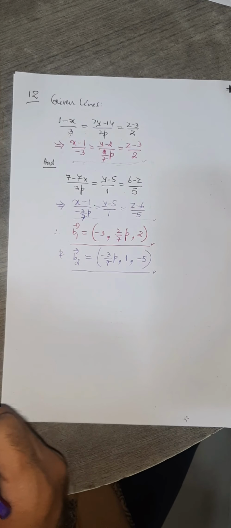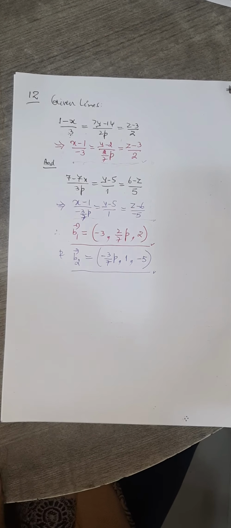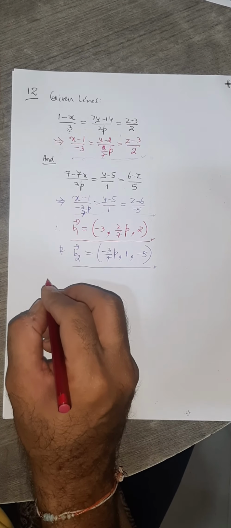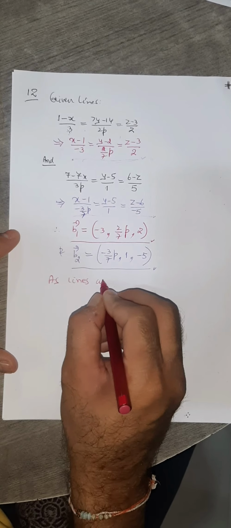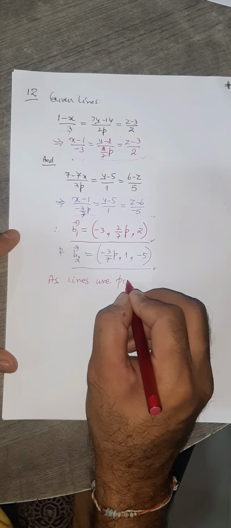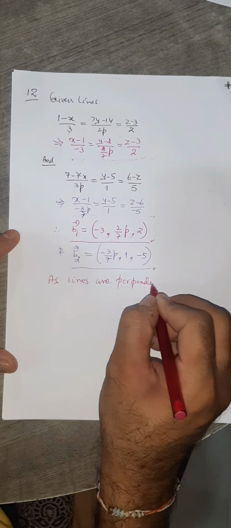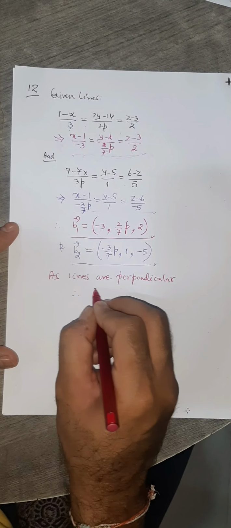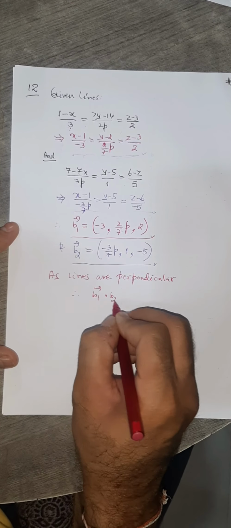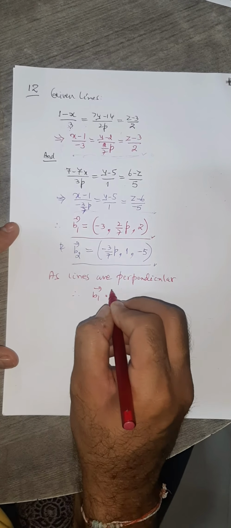Now what we do? We just use the dot product equals 0. I'll write: as the lines are perpendicular, this is given to you. Lines are perpendicular. Therefore, the dot product equals 0. Now get the dot product.